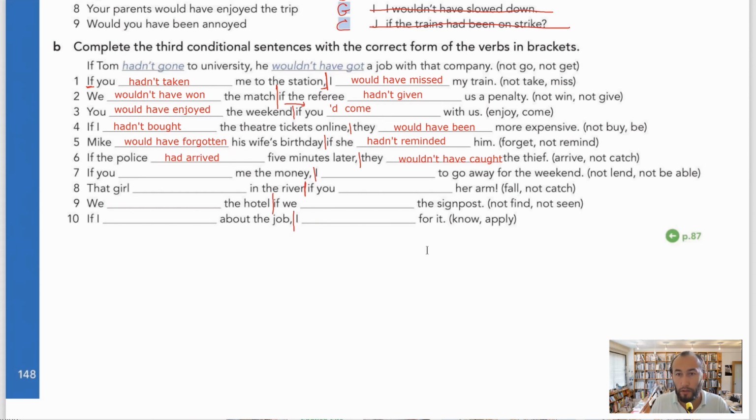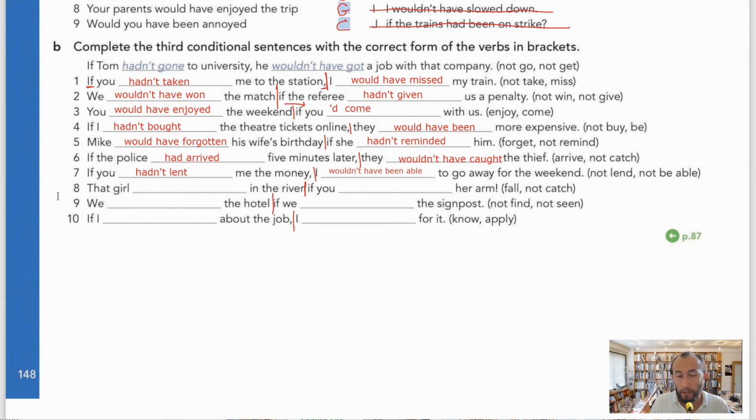And number 7, not lent. If you hadn't lent me the money, I wouldn't have been able to go. The main part, so negative, I wouldn't have been able to go away for the weekend, right?